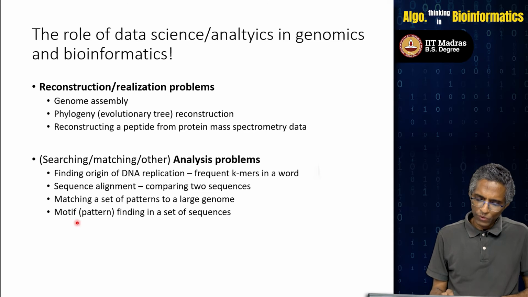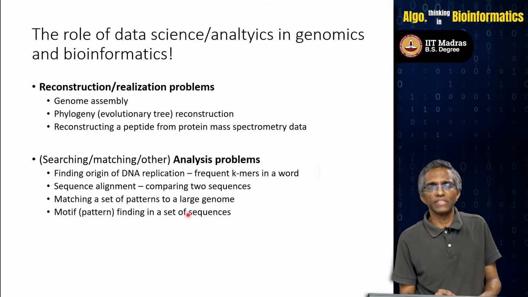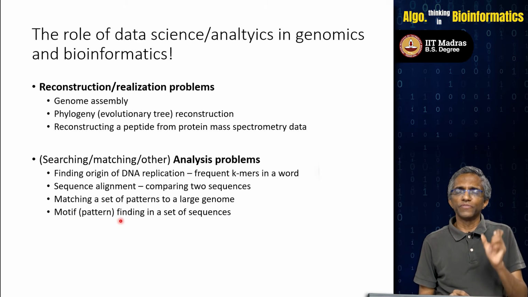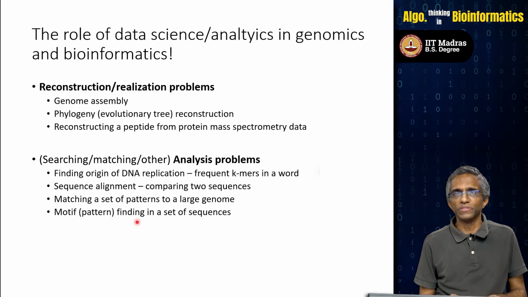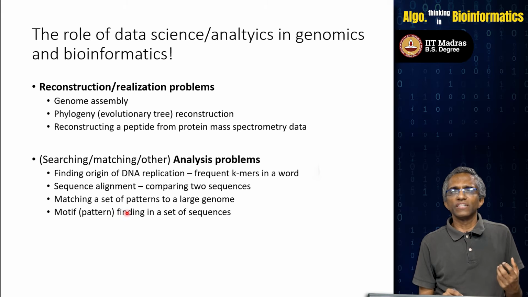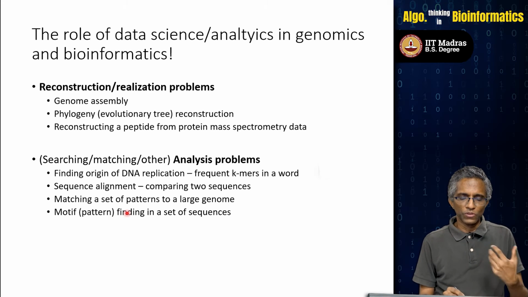We will also see later on motif or pattern finding in a set of sequences. You are given a set of sequences and asked to find some pattern that frequently occurs across them. All of these are problems in which you are given the object that you want to analyze, and you want to find a property of the object or a subset of the object, or do some searching or matching or other types of analysis.